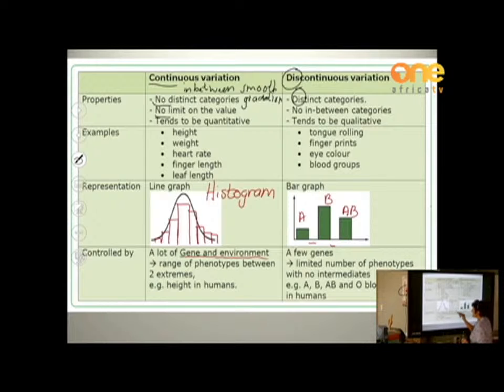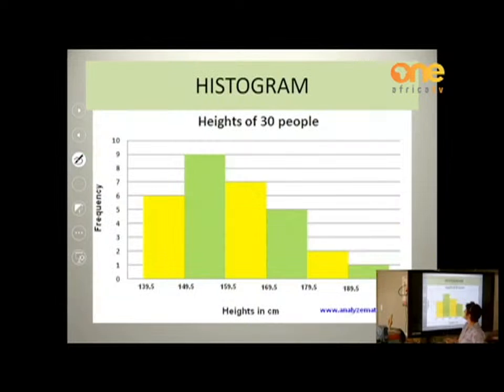Genes and the environment, or genes or the environment, plays a role here. And on this side, the genes play the role. So here I just try to explain. Please look.